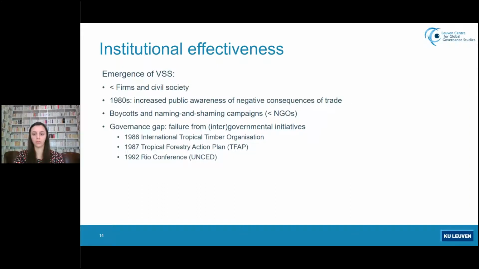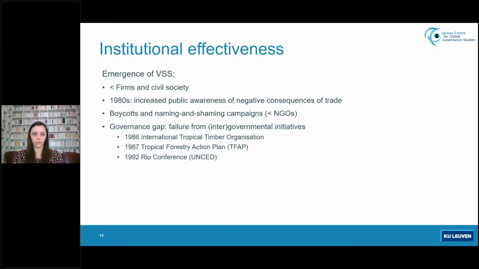It's really important to understand that VSS are formed mainly by firms and NGOs or civil society actors together. So in the governance triangle that you saw with Carrie on Tuesday, VSS are really situated at the bottom of the triangle, just in between firms and NGOs.